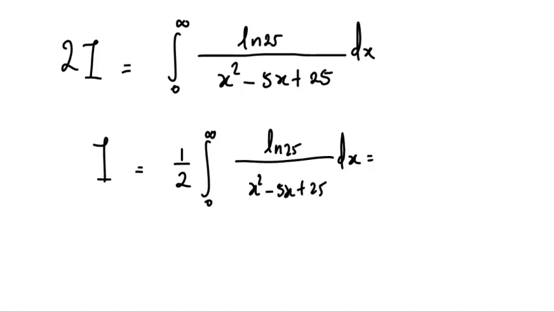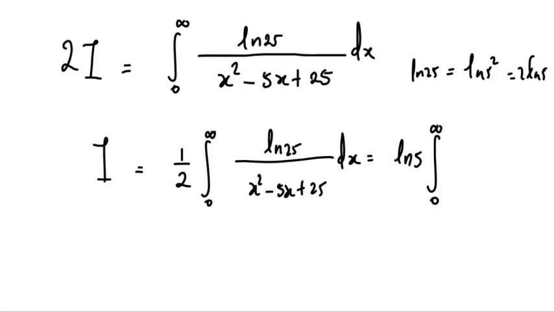Remember, the natural log of 25 is equal to the natural log of 5 squared, which is 2 ln of 5. Then 1 over 2 times 2 ln of 5 gives us just ln of 5, multiplied by the integral from 0 to infinity of 1 divided by x squared minus 5x plus 25, and then dx.